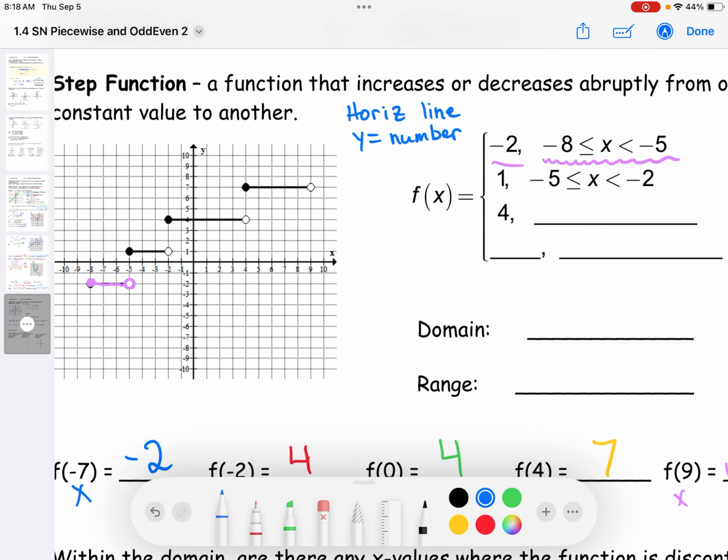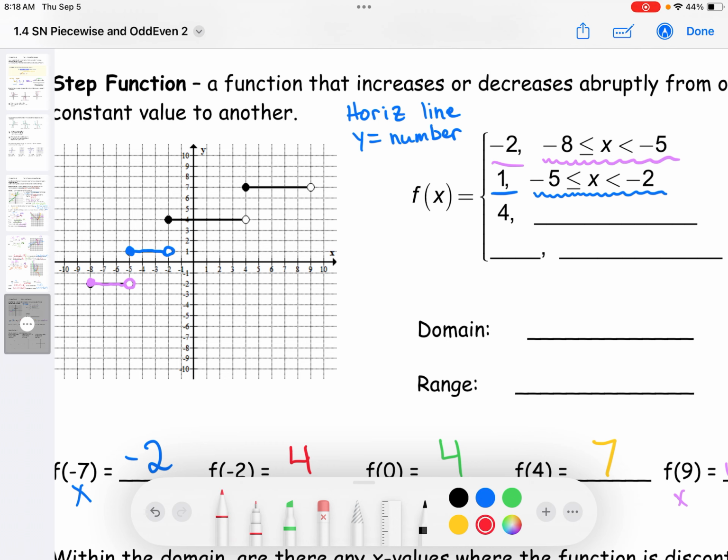So then that second step is at y equaling 1, and its domain starts at a closed -5 and goes to an open -2. So -5 less than or equal to x less than -2. The x's are between -5 and -2.